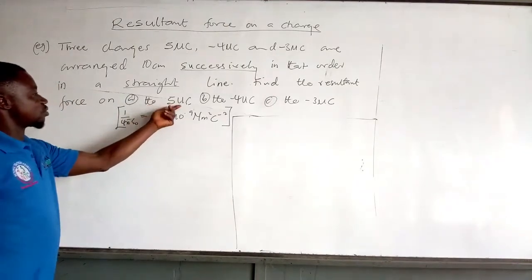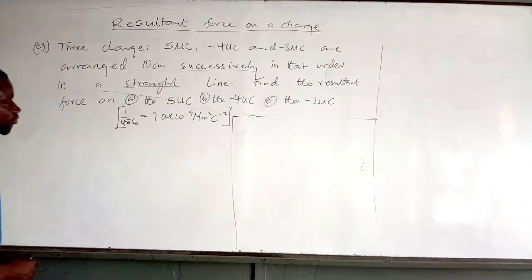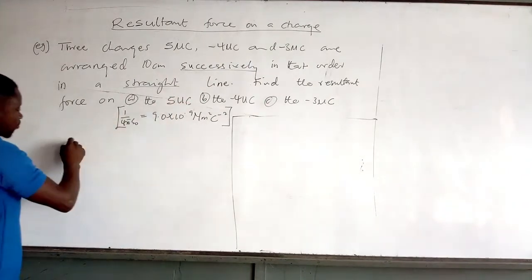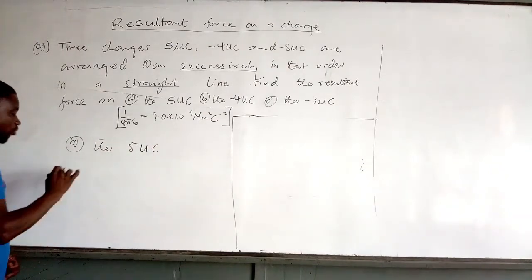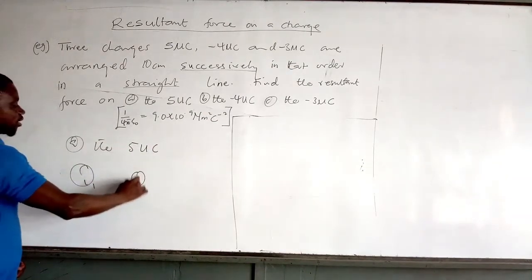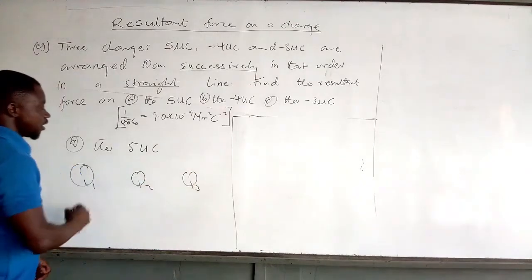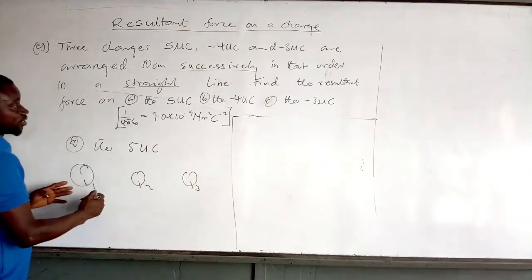A, the resultant force on the 5 microcoulombs. So we sketch Q1, Q2. The 3 charges are in a straight line successively.